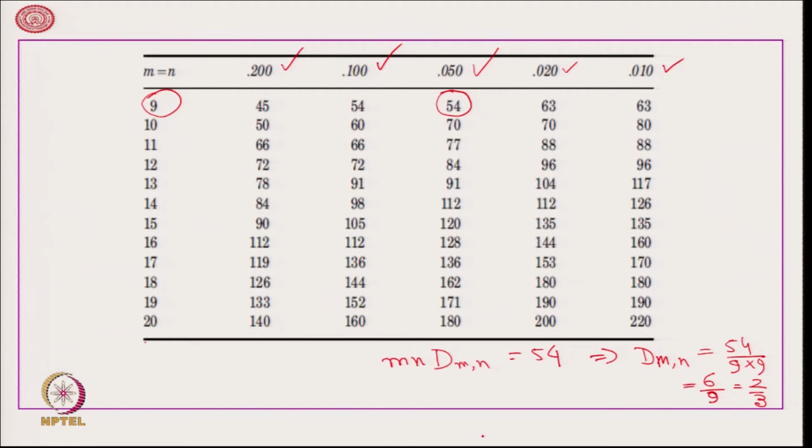What does it mean? It means that if the sample sizes are 9 from both x and y populations, then the maximum difference in their empirical distributions will be greater than or equal to 2 by 3, or say 0.67, with probability 0.05, that is 5%.